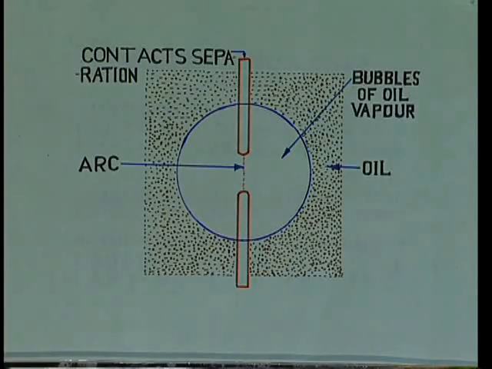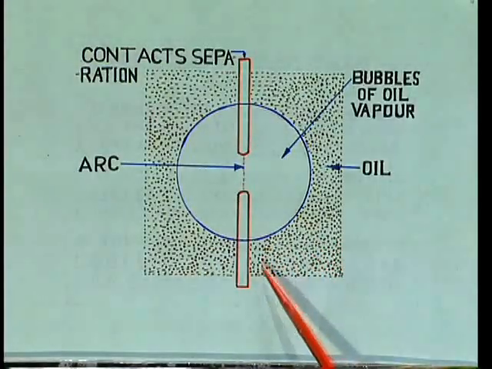Now we will study how oil circuit breakers work. In oil circuit breakers, oil is used for arc quenching, and the contacts are under oil. You see the figure, the oil circuit breaker is like this.